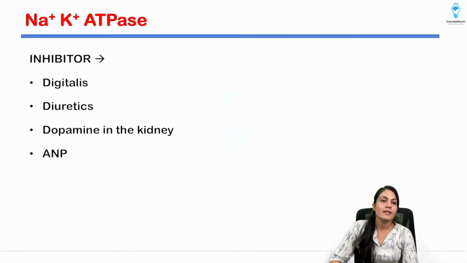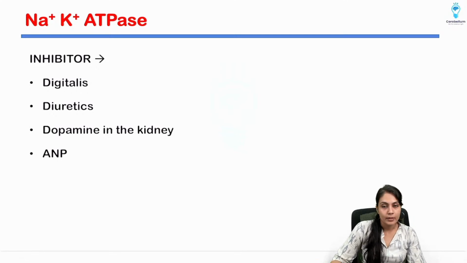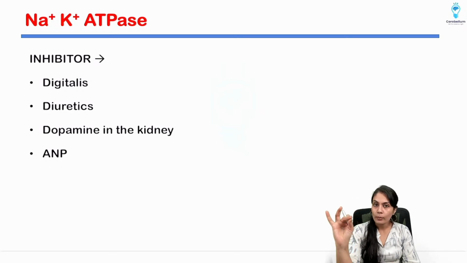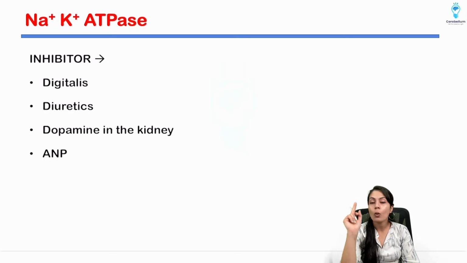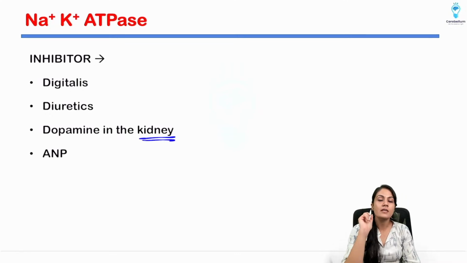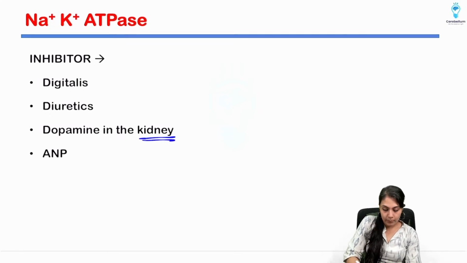Let's move on to the next thing: the inhibitors of sodium potassium ATPase. You have to remember it is DDD. What is DDD? First is digitalis, diuretics, dopamine, but dopamine not in the brain or anywhere else, only in the kidneys. Please remember, dopamine in the kidneys, and ANP. What is ANP?